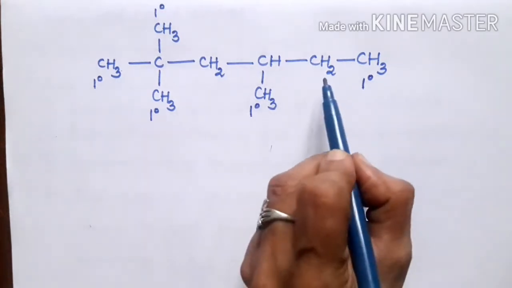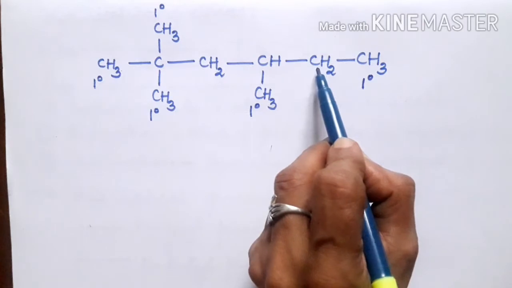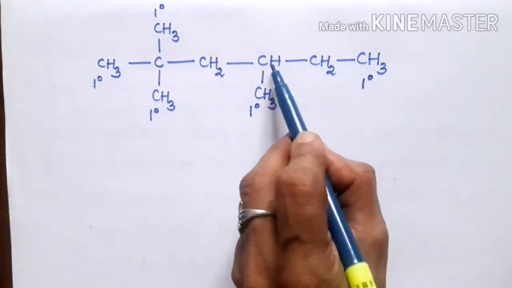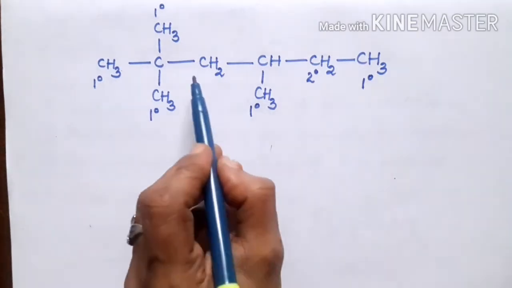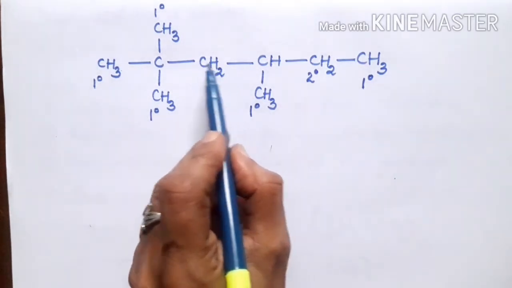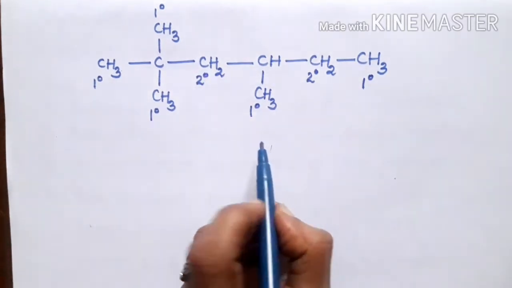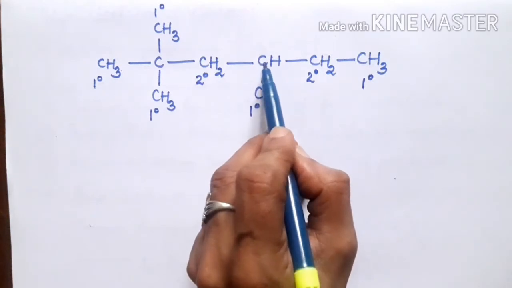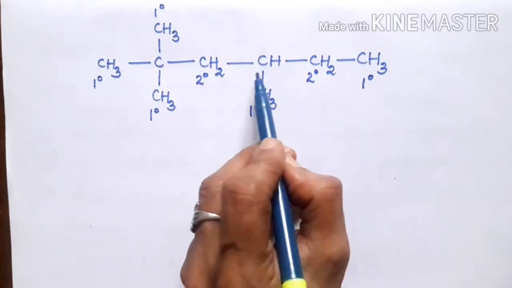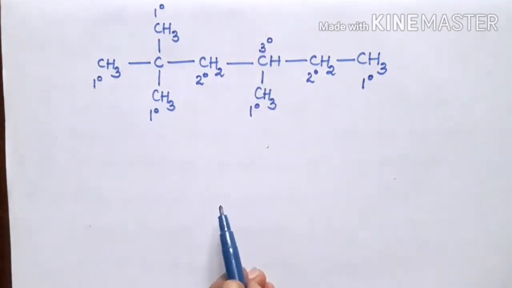Now coming to the next one. This carbon, if you consider, you find that it is attached to 2 other carbon atoms, so it is a secondary carbon. Same is the case with this carbon. Here it is attached to 2 other carbon atoms, so it is secondary. Coming to the next one, here you find that this particular carbon is attached to 3 other carbon atoms, so it is tertiary carbon.